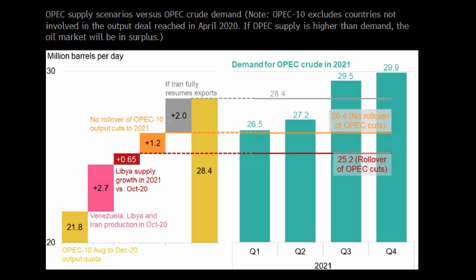If Biden takes a more conciliatory view to Iran, then Iran could resume full exports of 2 million barrels per day. So the worst case scenario would be a supply glut of 28.4 million barrels per day, but only a demand of 26.5 million barrels per day.